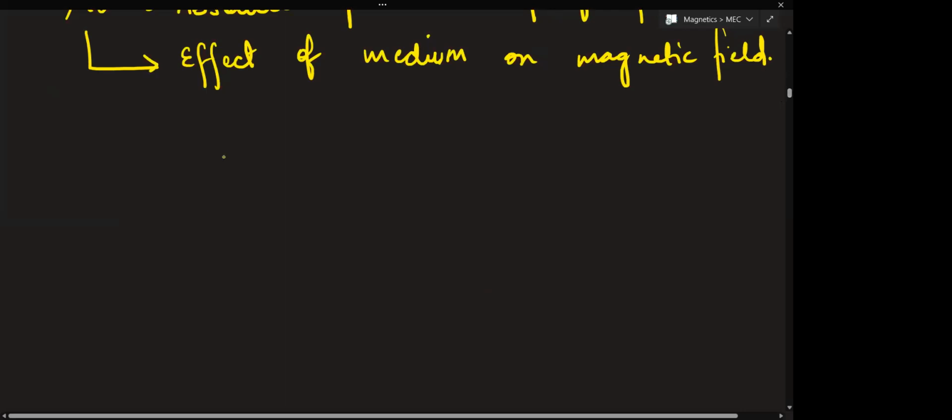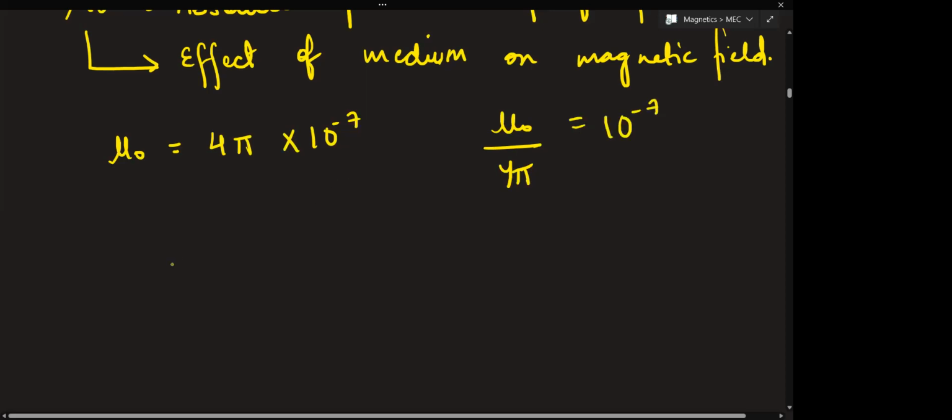Now, absolute permeability of free space also has a certain value. Mu naught's value is 4 pi multiplied by 10 to the power minus 7. So whenever you have to use the constant mu naught divided by 4 pi, you can write it as 10 to the power minus 7.